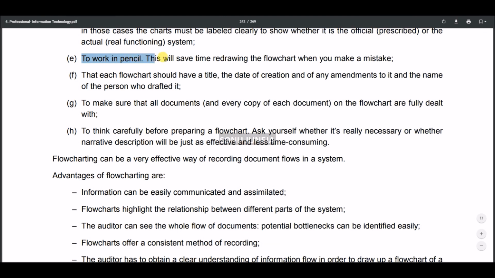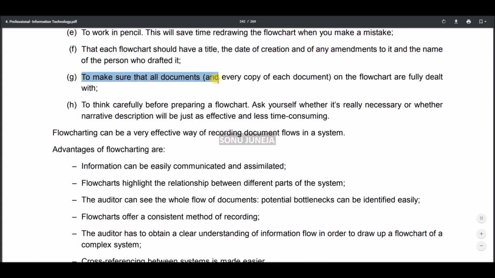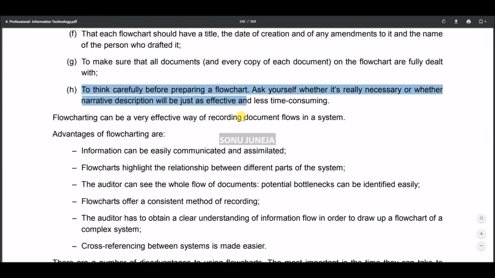Work in pencil; this will save redrawing the flowchart when you make a mistake. Each flowchart should have a title, the date of creation and any amendments to it, and the name of the person who drafted it. To make sure all the documents and every copy of each document on the flowchart are fully dealt with, think carefully before preparing a flowchart. Ask yourself whether it's necessary or whether a narrative description would be just as effective and less time consuming.